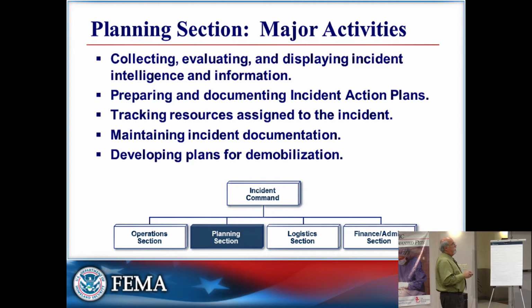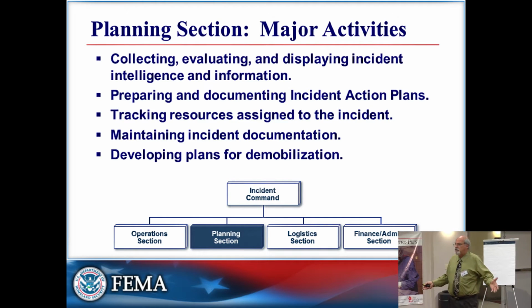And then finally, I think Matt mentioned this earlier, developing plans for demobilization, meaning as quickly as we ramped up the resources we're going to put on the scene to manage our event, at some point we want to start doing a demobilization plan. Who's leaving first? If we've got all kinds of different resources being provided, what are we going to be able to part with first?